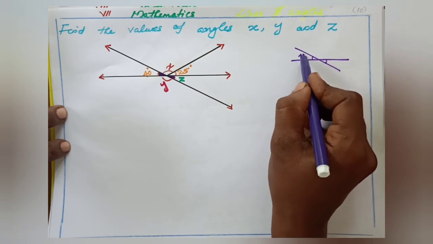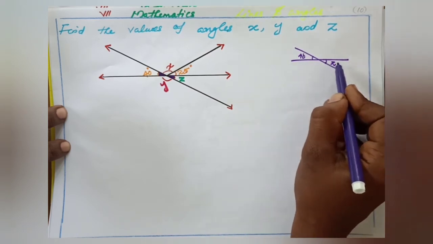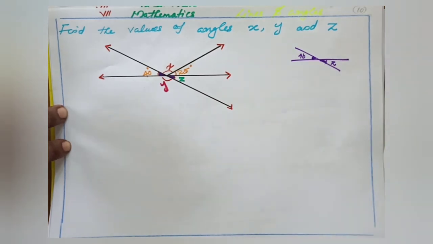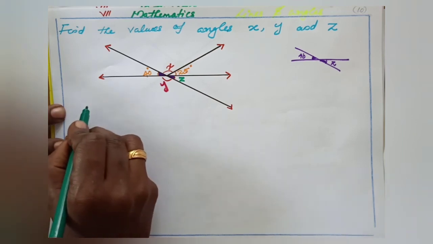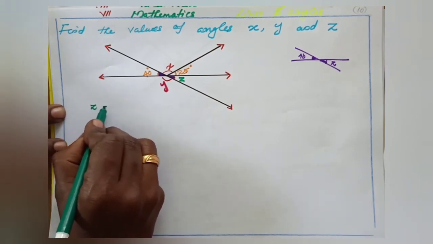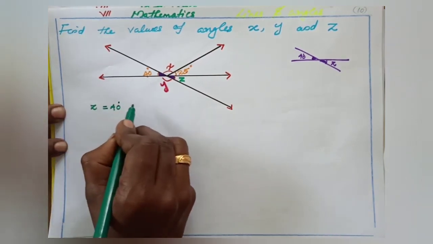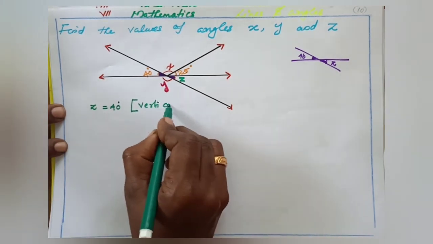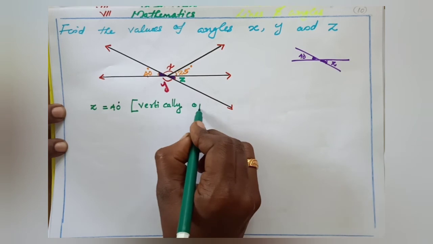Here 40 degree, here z. We know vertically opposite angles are equal. So z equal to 40 degree directly. They are vertically opposite angles.